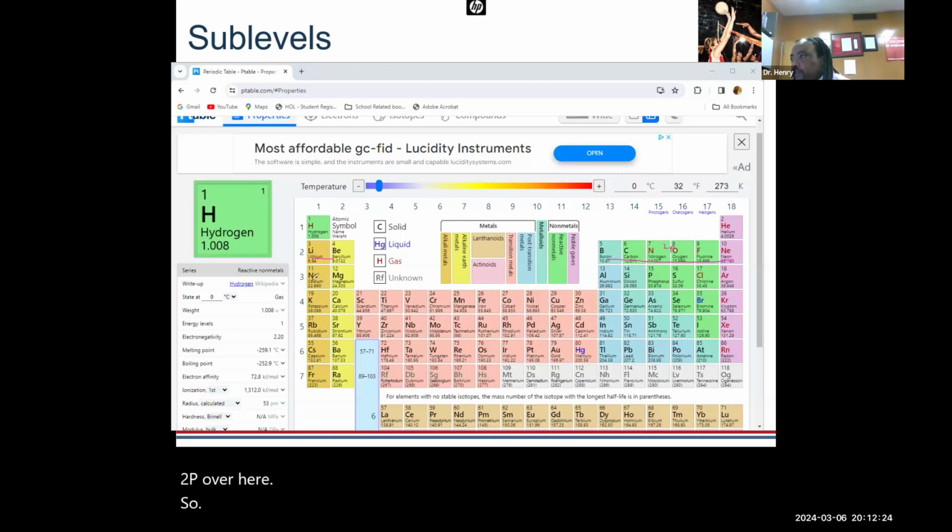Then we have the 3s. This here is the 3p. The 3d starts here, even though it's on the fourth energy level.